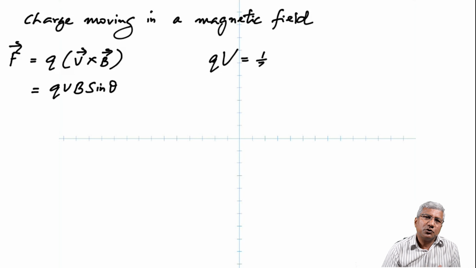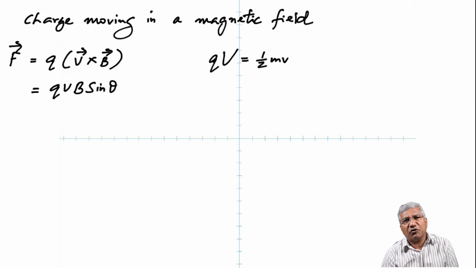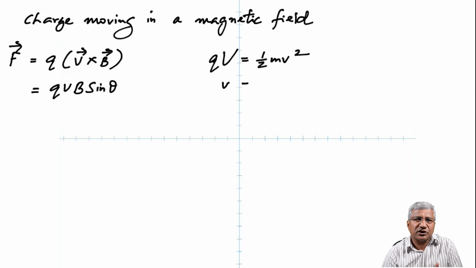But sometimes you will not be given the velocity of the particle directly. You will be given the voltage through which it is accelerated. So when a charged particle is accelerated by an electric field, it picks up a velocity. So be careful that the capital V here is voltage, the little v is velocity.